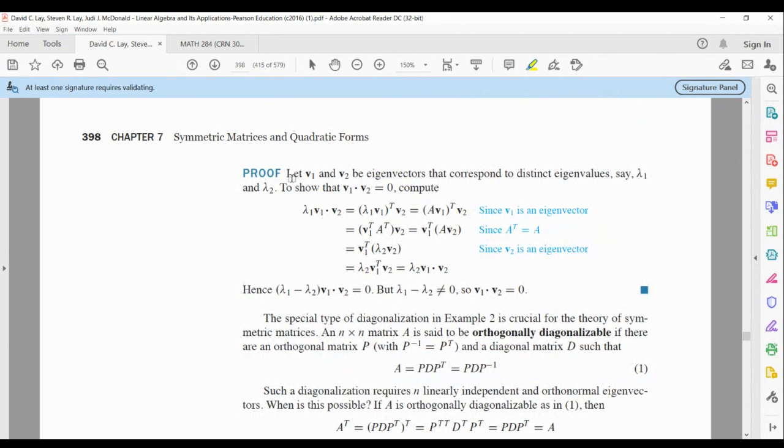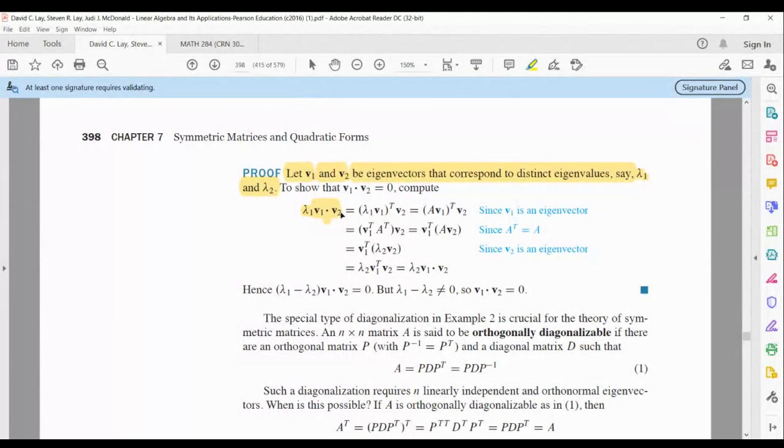So go to the next page. Here's what they do. Let V1 and V2 be eigenvectors that correspond to two distinct eigenvalues, say lambda 1 and lambda 2. We want to show that the dot product of those vectors equals 0, because that would show that the two vectors are orthogonal. What they choose to do, and this is just a proof somebody made up, is take lambda 1 times the dot product of V1 and V2.